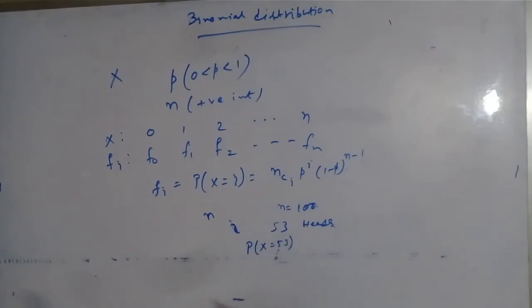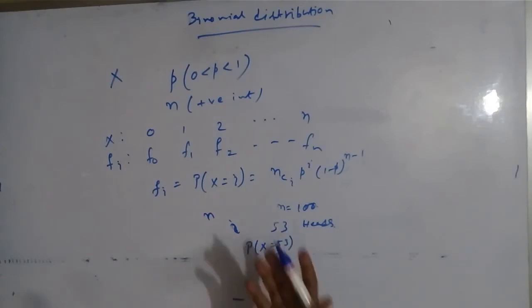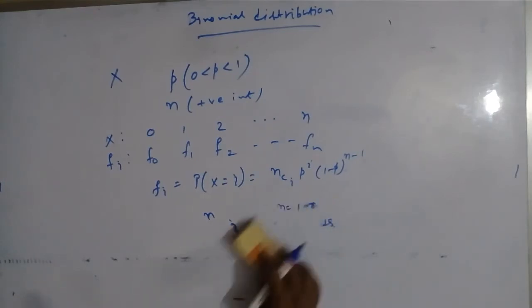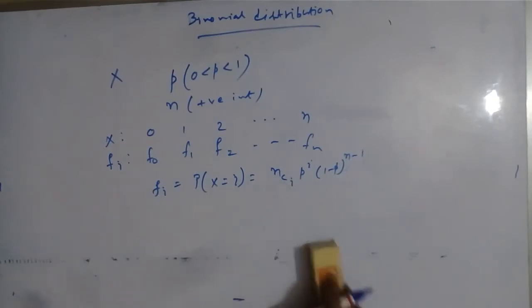This will be found by using this distribution function, and it is under binomial distribution. So this was the definition of binomial distribution.